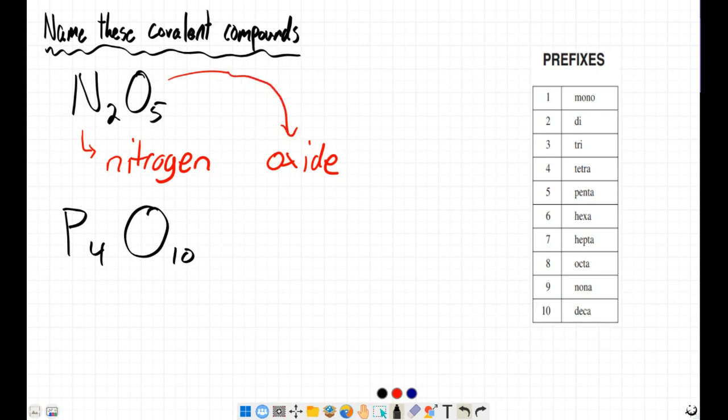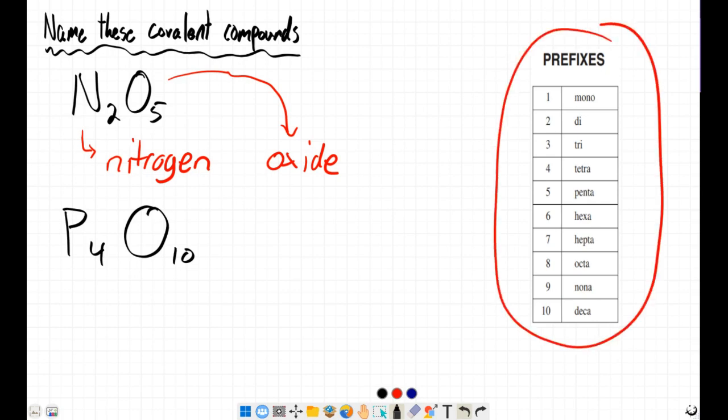Now the second part is putting prefixes in front of each of these elements. On the right side, I have a list of all the prefixes. We have to find the word associated with the number of that element. So first off, we can see that there are two nitrogens in this compound here. And the prefix for two is di.